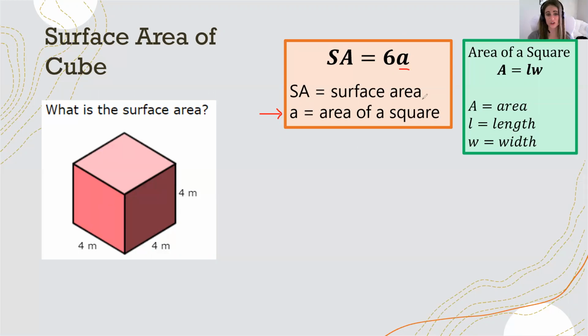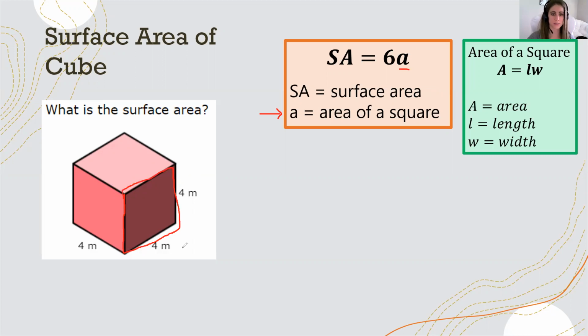That's what we need to find first. It's kind of like a puzzle. We need to get all the little pieces that are going to fit into this larger surface area formula, then we can apply it.